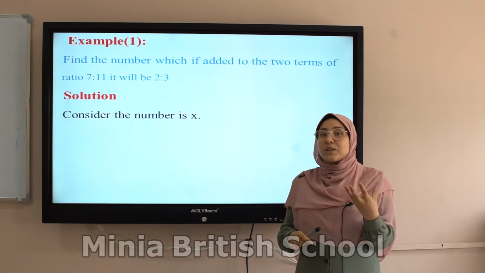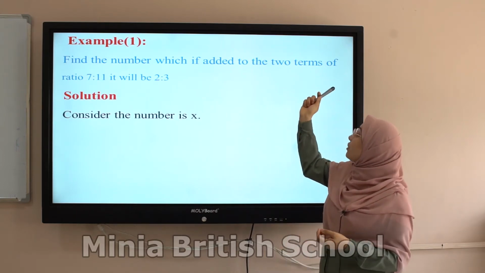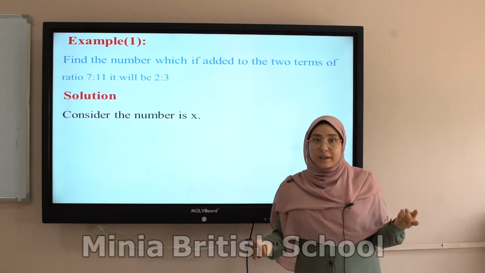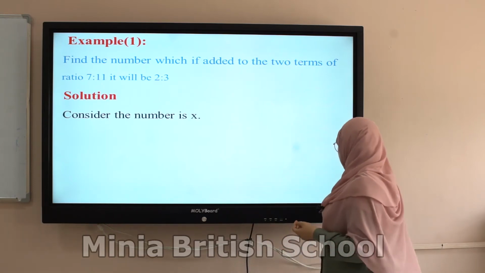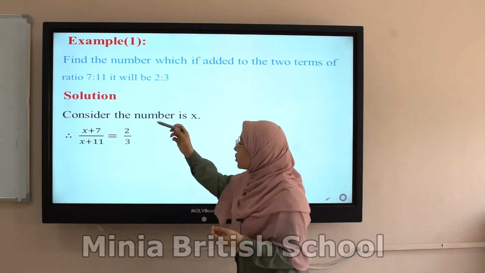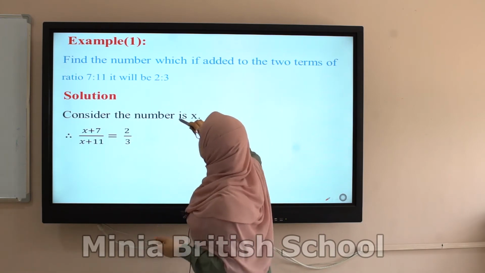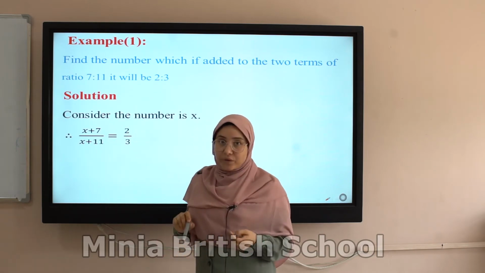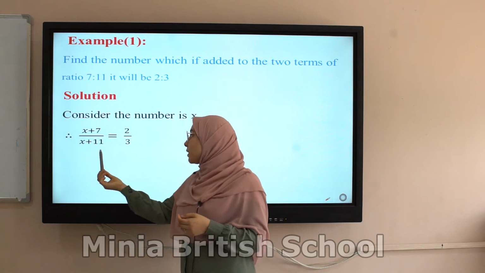Now I will add this number to the terms of the ratio 7 to 11. So I write the ratio 7 to 11, and I add this number x to its two terms: x plus 7 to x plus 11.